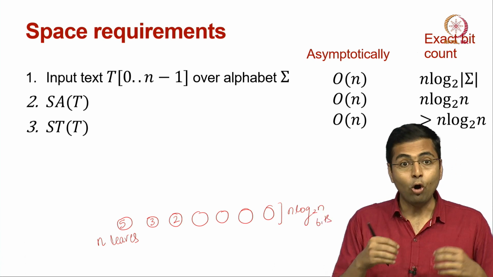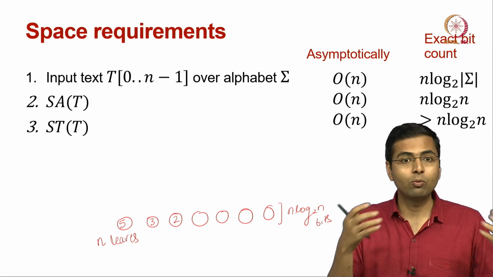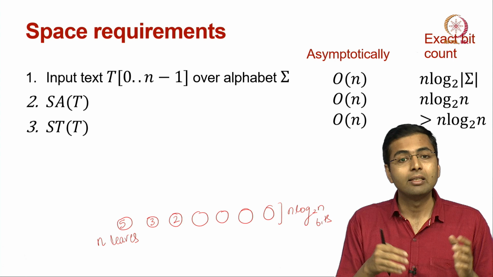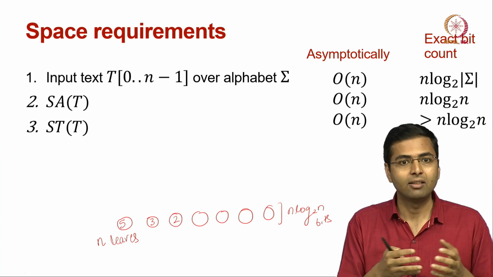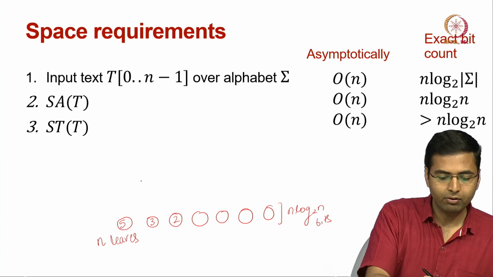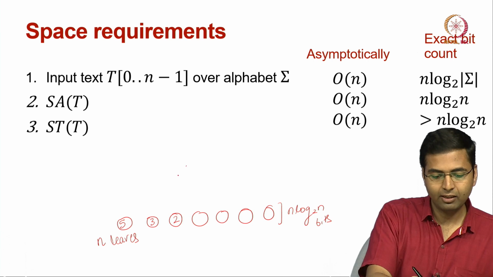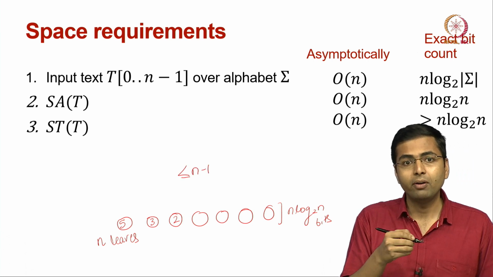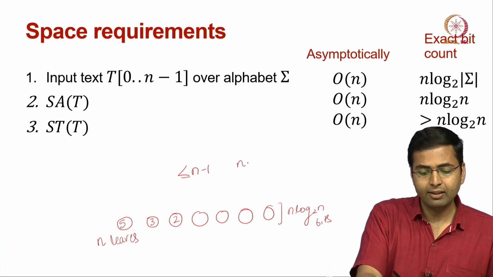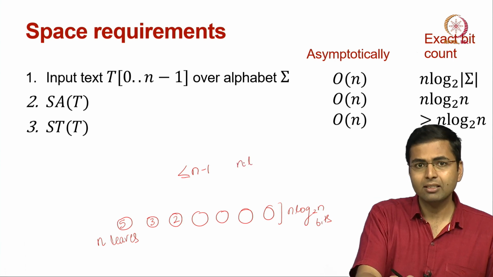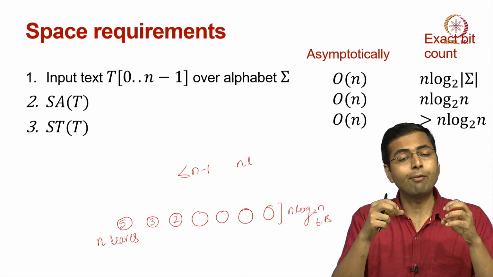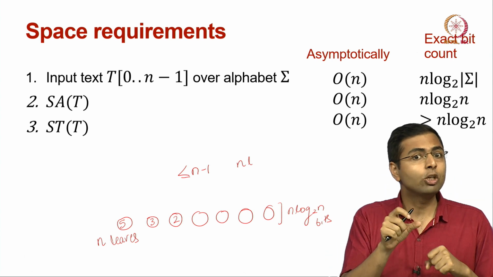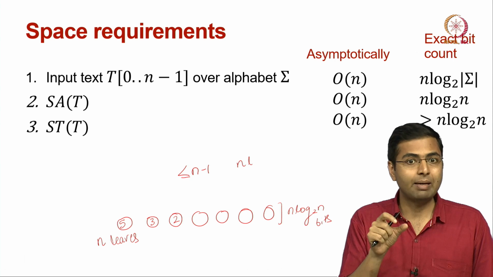Now, just the leaves is not what the tree contains. The tree also contains internal nodes and edges. The number of internal nodes is at most n minus 1, so they will take order n space, but in each internal node we have to keep pointers to their children, and saving those pointers also takes some amount of space.